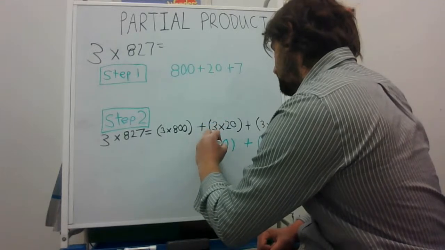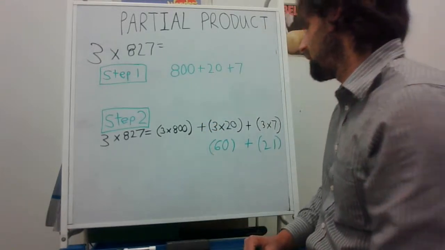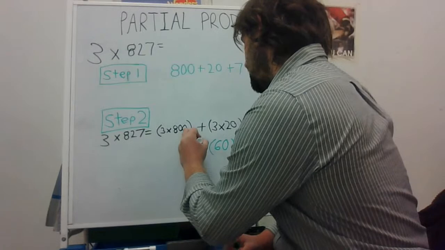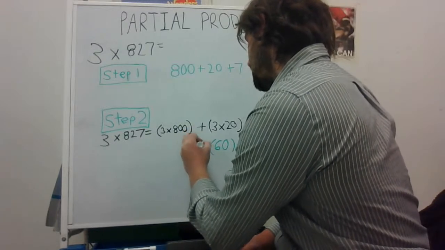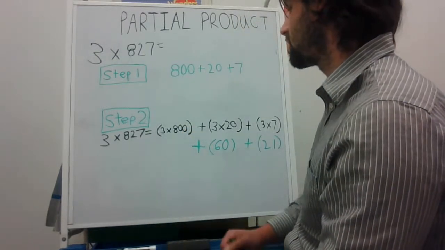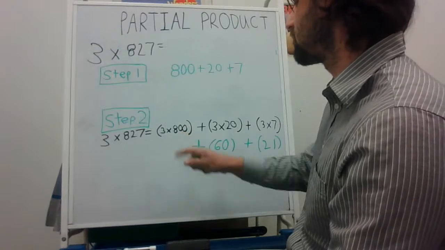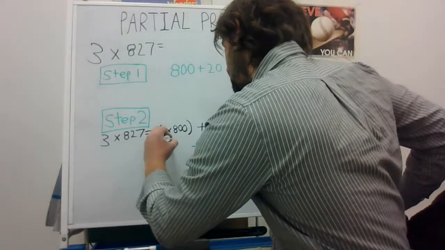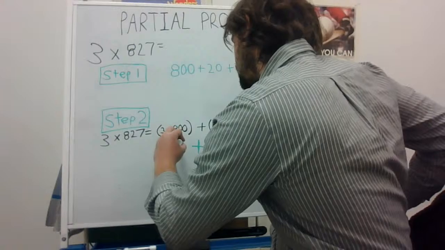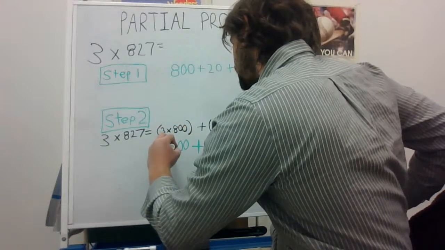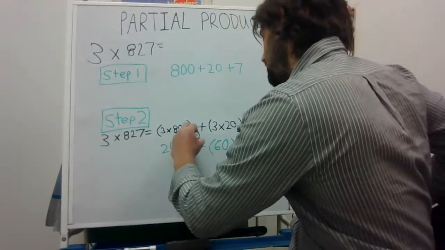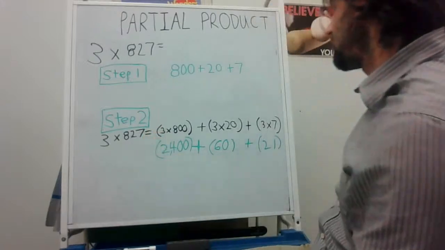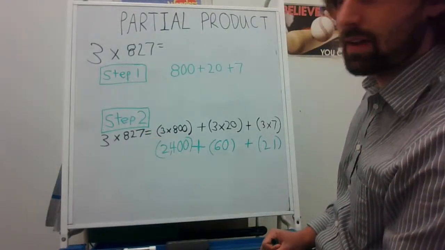So 21 plus 60. 3 times 8 equals 24. Since there are 2 zeros in 800, I'm going to add 2 zeros to my answer. So when I add on 2 zeros to the number 24, I get 2,400. So leave that up there so you guys can see it.